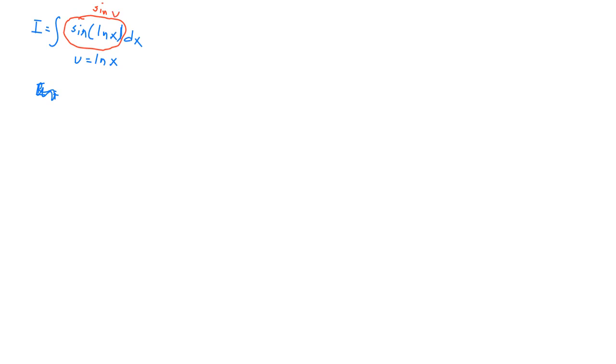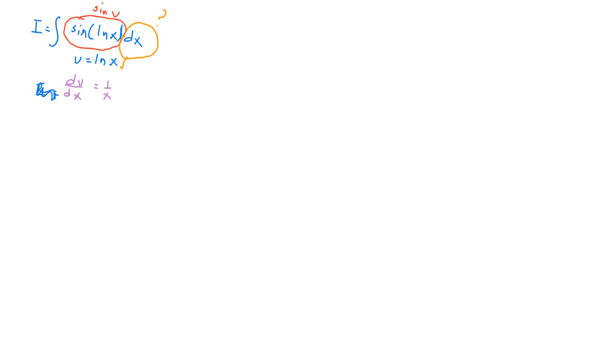But we have to then, okay, what about dx? What's that going to be? Well, we have to find out what dx equals. And u equals the log of x is what we have to work with. So I need to get a dx in there somehow. Let me say, okay, well, du/dx equals 1 over x.